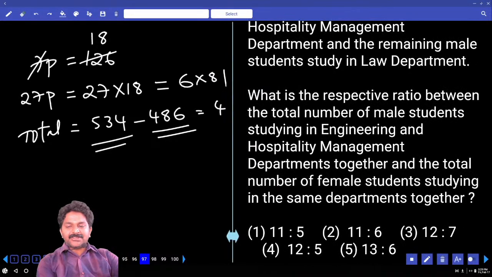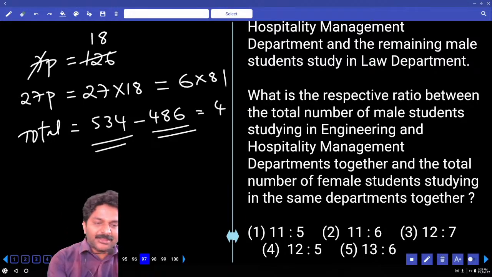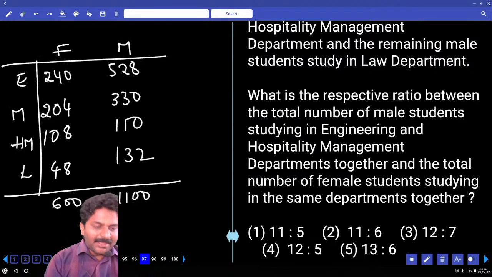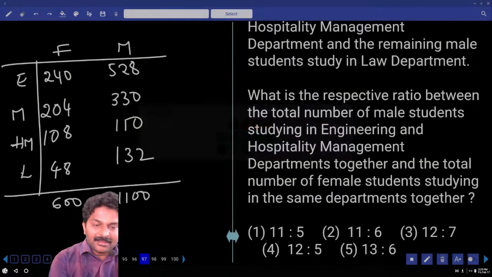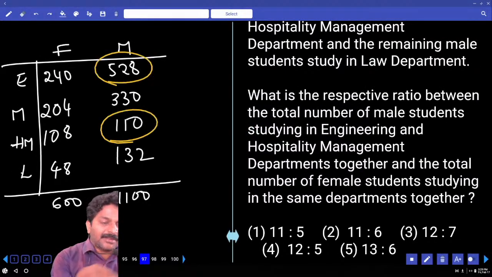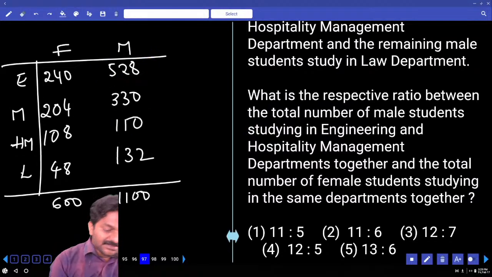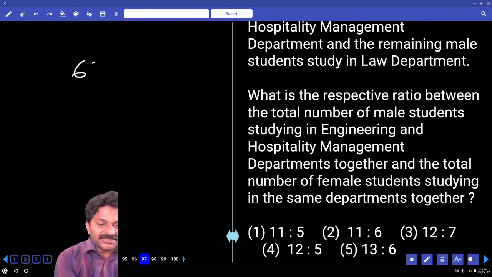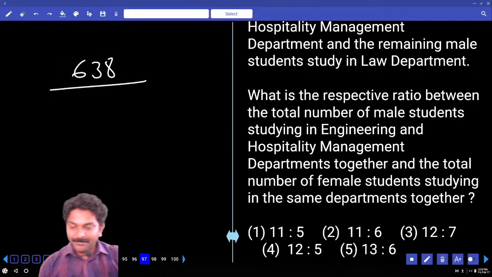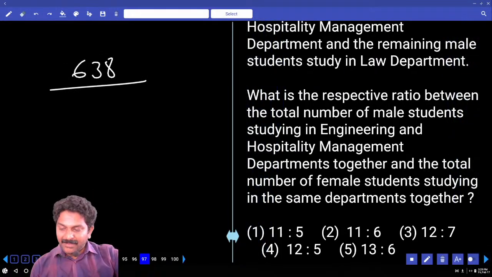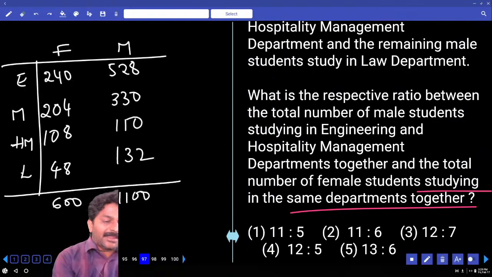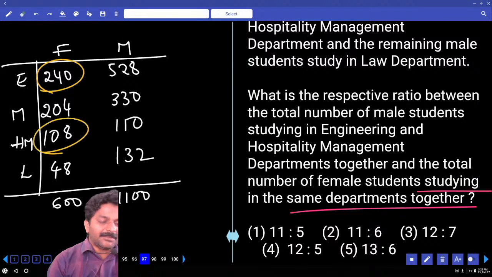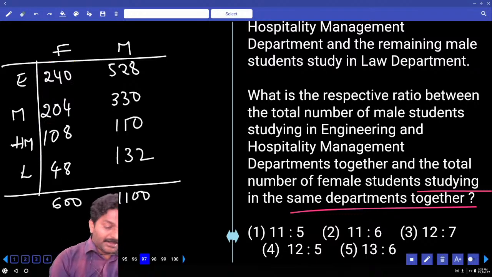What is the respective ratio between the total number of male students studying in engineering and hospitality management together? Male engineering and hospitality management together, what is the number? 638. 638 is the ratio by the total number of female students studying in the same departments together. Same departments, female engineering and then hospitality management: 348.